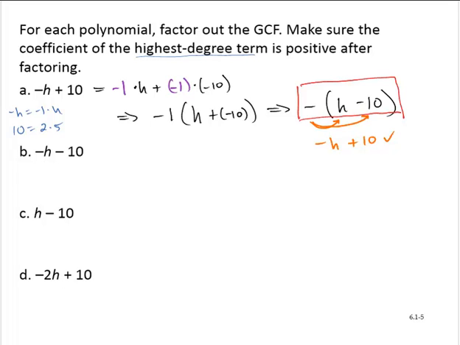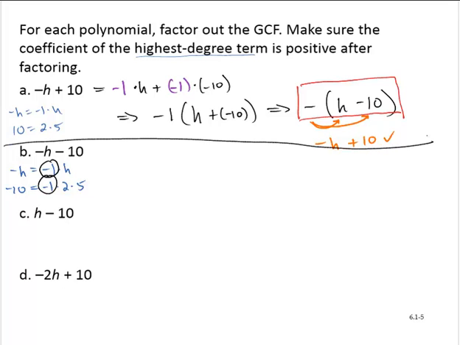All right, exercise B, we have negative h minus 10. So now notice these do have a factor of negative 1. Negative h is negative 1 times h. Negative 10 is negative 1 times 2 times 5. And we do have a common factor of negative 1.